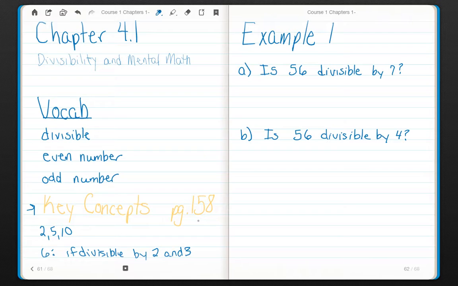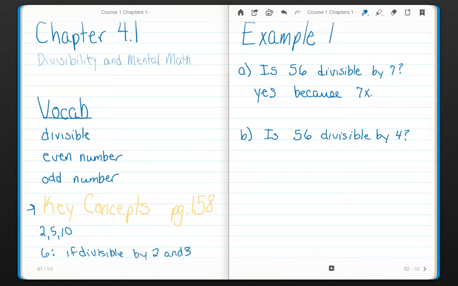Okay, so using mental math for checking for divisibility. In problem A, is 56 divisible by 7? Basic math facts, which is why it's so important to have those facts memorized. Yes, 56 is divisible by 7 because 7 times 8 equals 56.